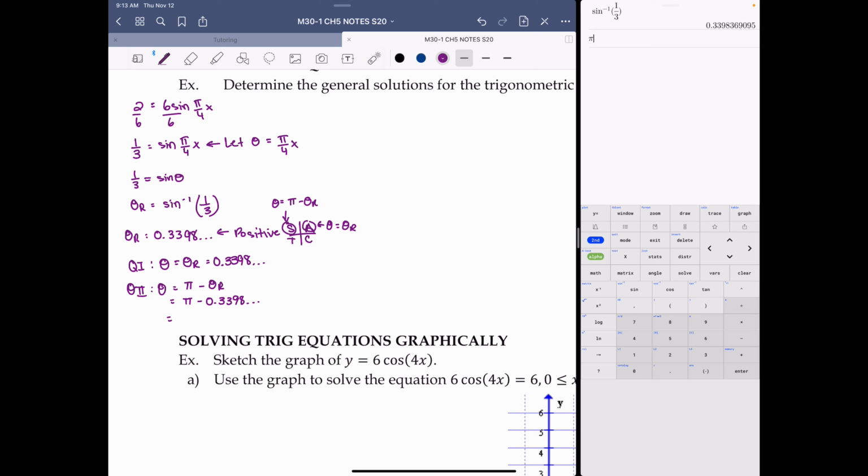Second pi minus second answer gives us 2.8017... The question is asking for the general solutions. We can now write the general solutions in terms of theta.